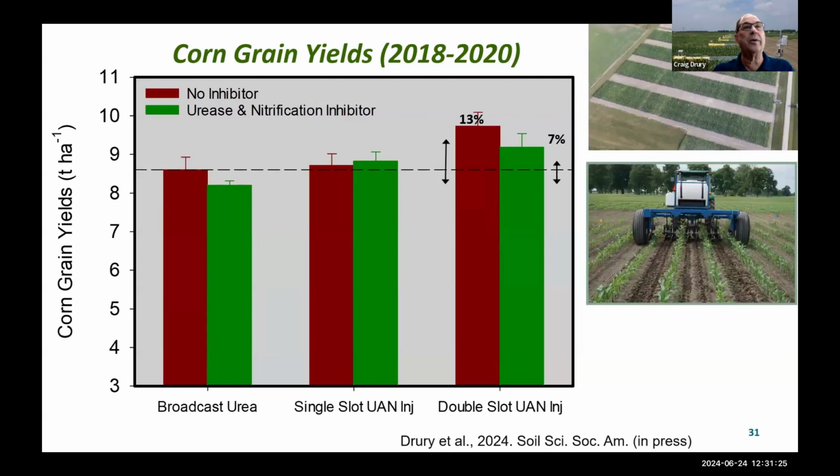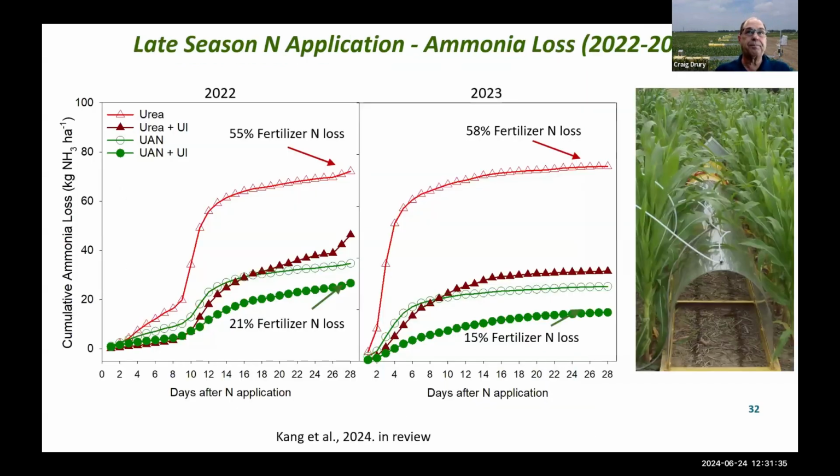And we see here with the double slot injection, our yields increased by about 7 to 13%, better than the single slot, better than the broadcast urea. We've also looked at late season application, when you add the nitrogen maybe when the corn is at the 10 to 12 leaf stage.